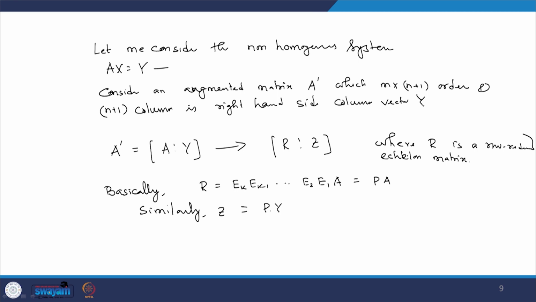Now, if R has exactly small r number of non-zero rows, then it has m minus r zero rows. So, in that case I will have xk1 plus sigma c1j uj, j equal to 1 to n minus r, equal to z1, and xkr plus sigma crj uj, j equal to 1 to n minus r, equal to zr.